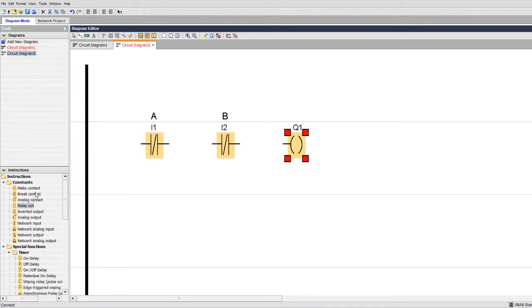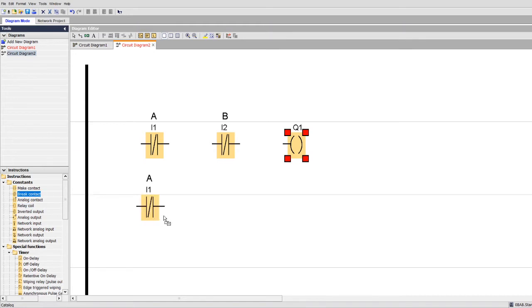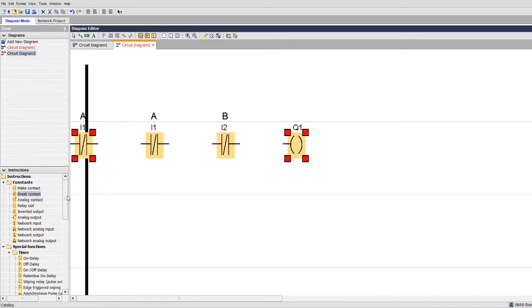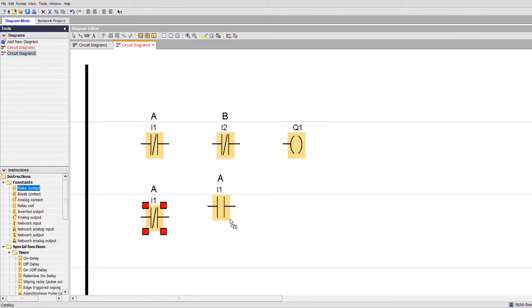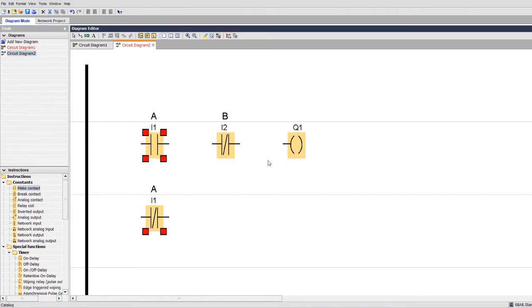And next one is A, and the second one is I2. Drag it.